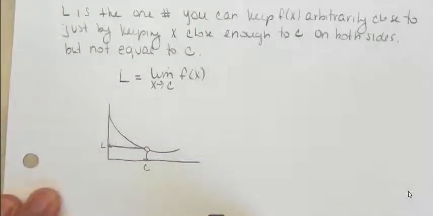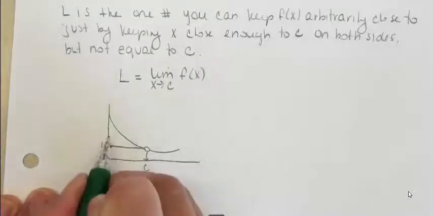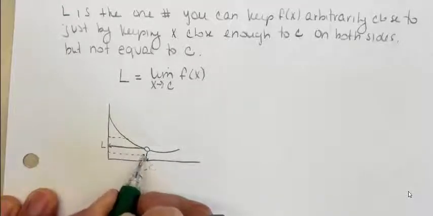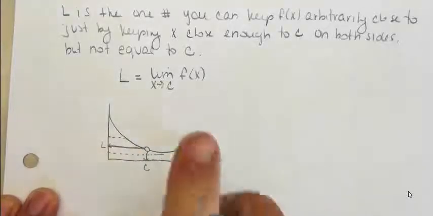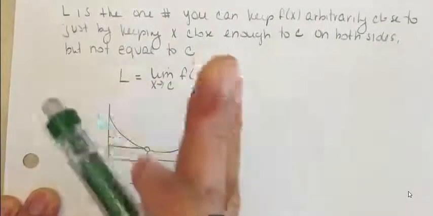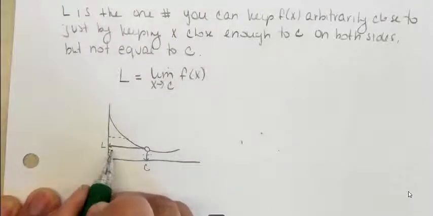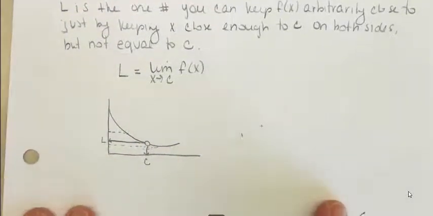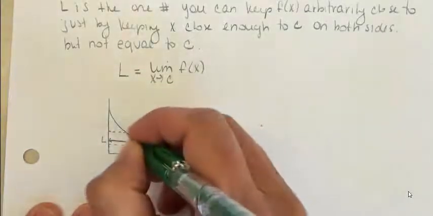And what we're saying is that if we pick some interval around L, so let's say from here down to, oh, I didn't do a good job with that. Make it a little smaller. It's got to actually touch it. Down to here. Then I can see that there are two corresponding x values.